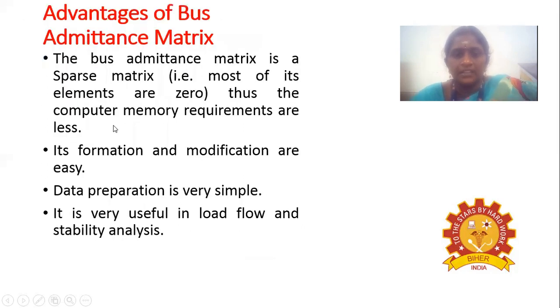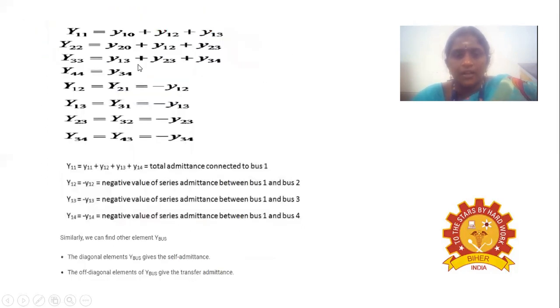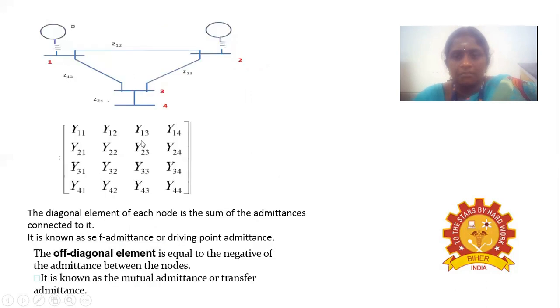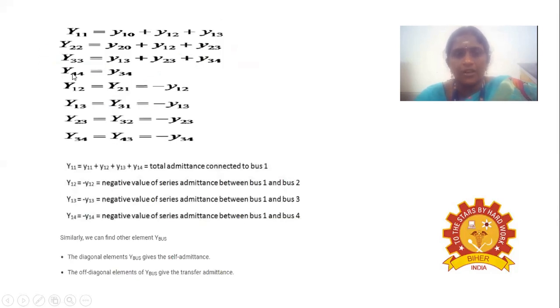So Y33 equals Y13 plus Y23 plus Y34, the admittance between bus 3 and 4. Y44 will be equal to Y34 because in the 4th bus only one transmission line is connected, that is between the 3rd and 4th bus.